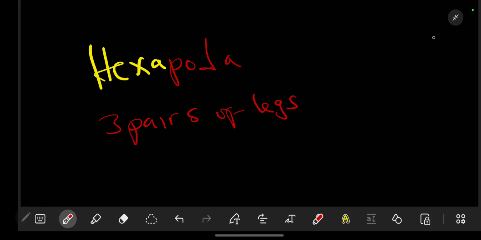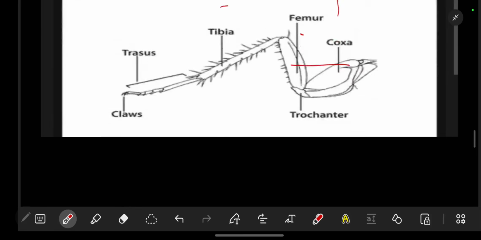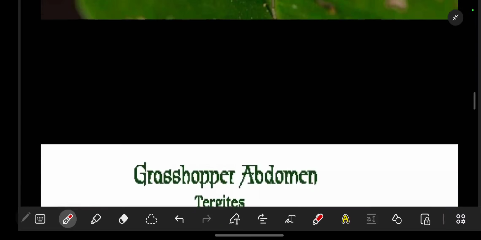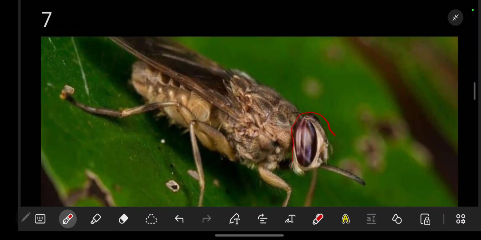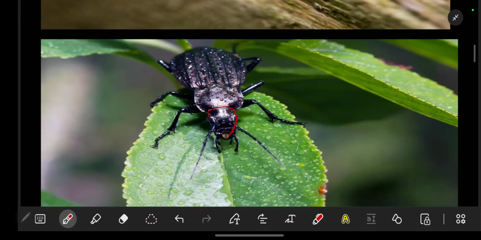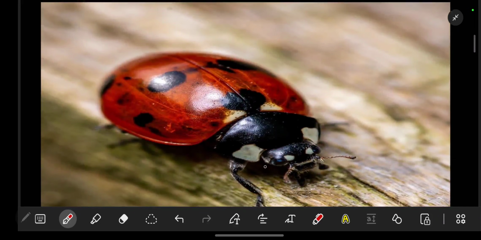So their body is made up of the head. Let's use a structure. Their body is made up of the head, the thorax, and the abdomen. So this is the structure of insects: the head, the thorax, and the abdomen.